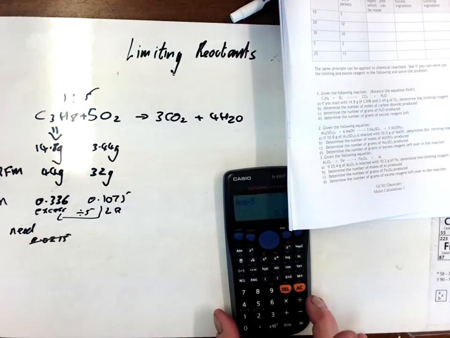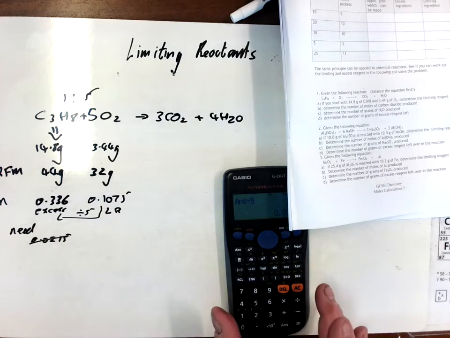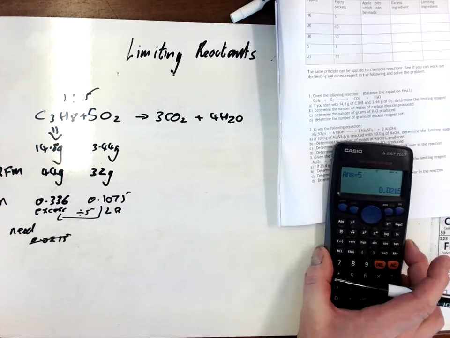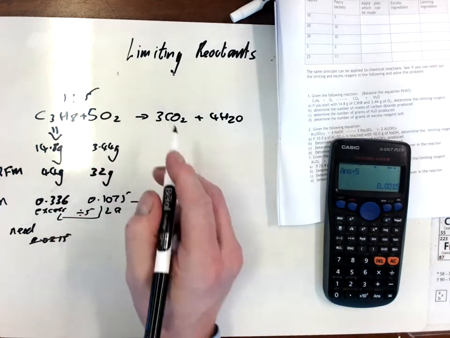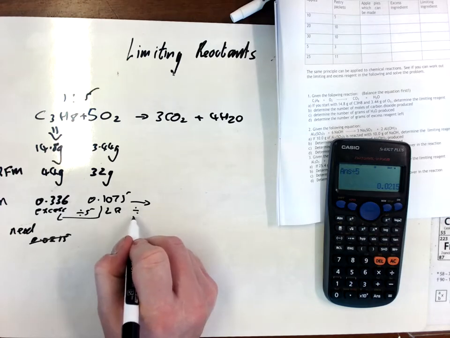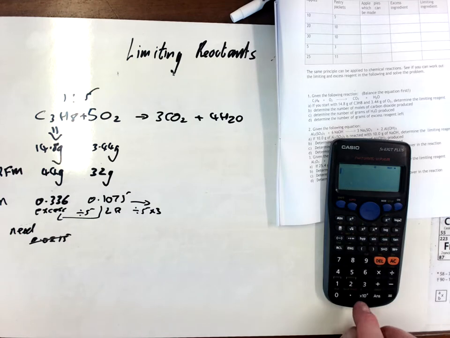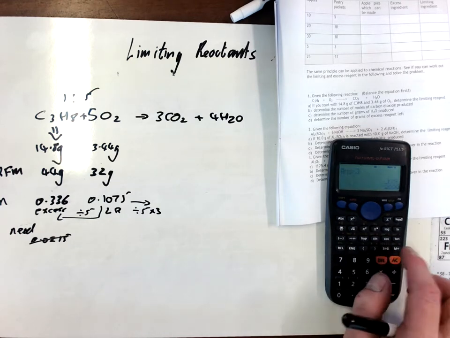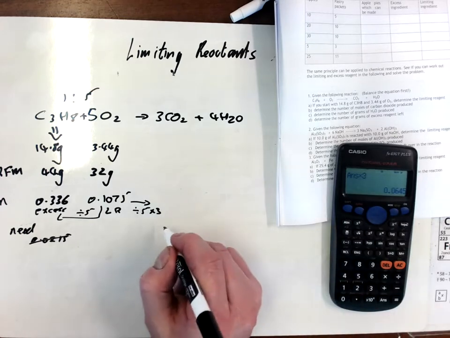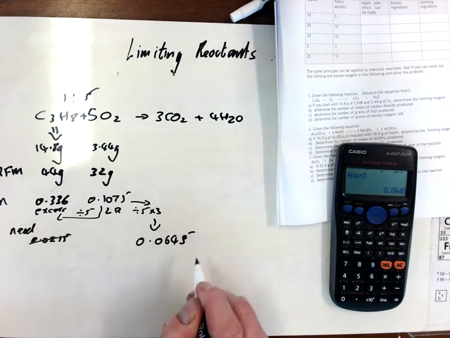Okay, so the first question is: determine the number of moles of carbon dioxide produced. Well, this is the moles of oxygen and it's a 5 to 3 ratio, so I will divide that by 5 and multiply by 3, and that will give me 0.0645 moles of that being made.